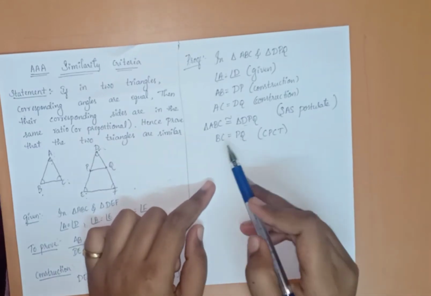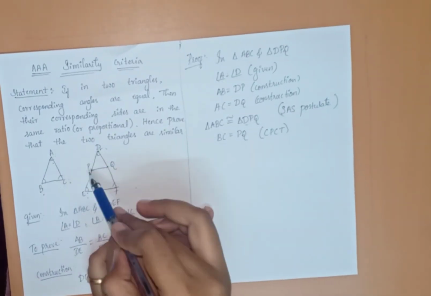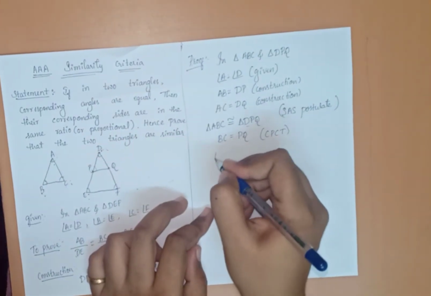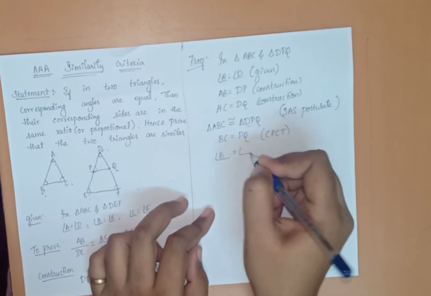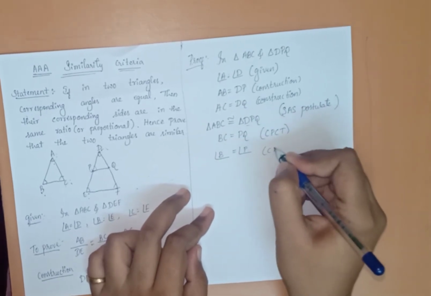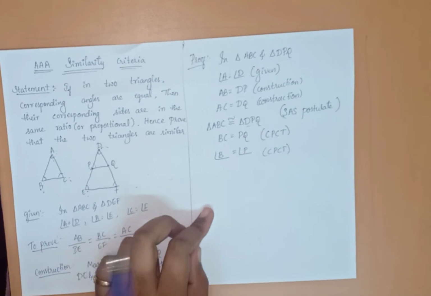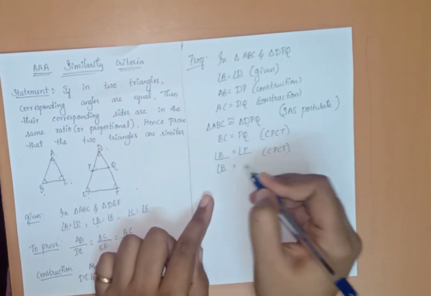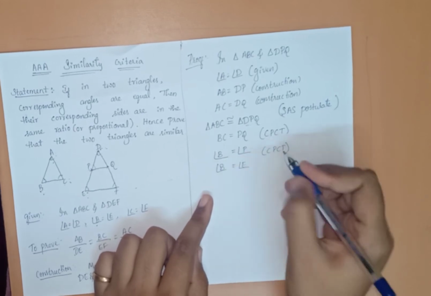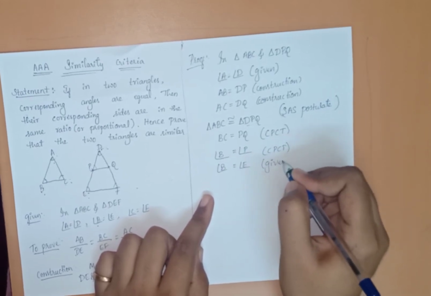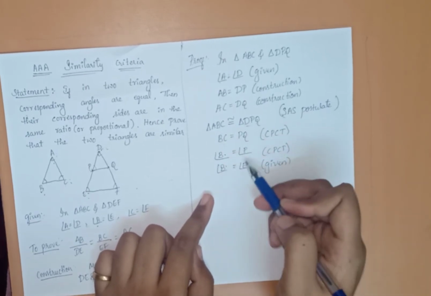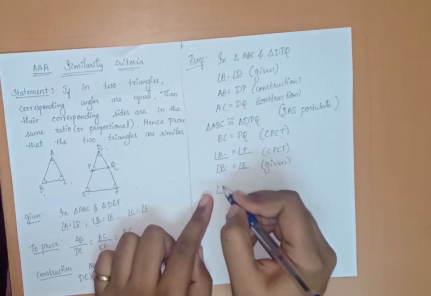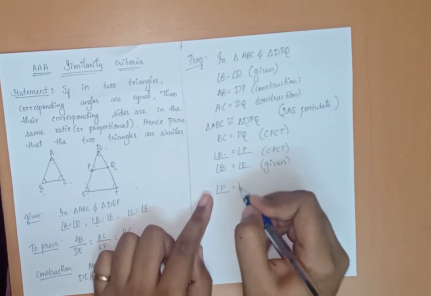Now we can say BC is equal to PQ, which means angle B will be equal to angle P. So I'll write angle B is equal to angle P. We know angle B is equal to angle E, because it's given. That means B is equal to P and E, so P is equal to E.